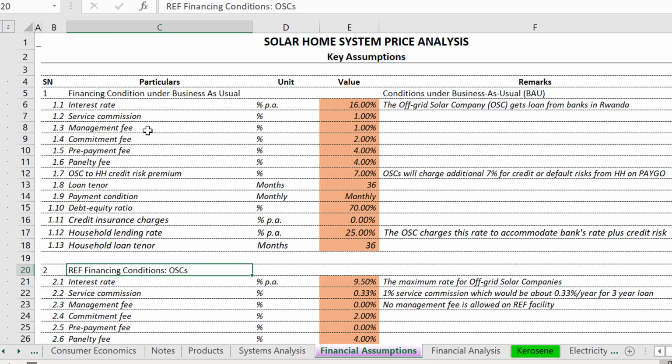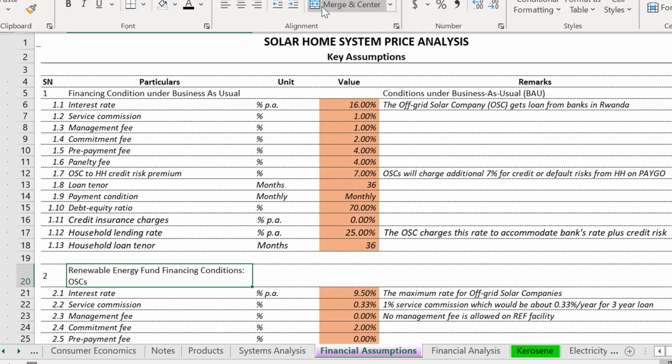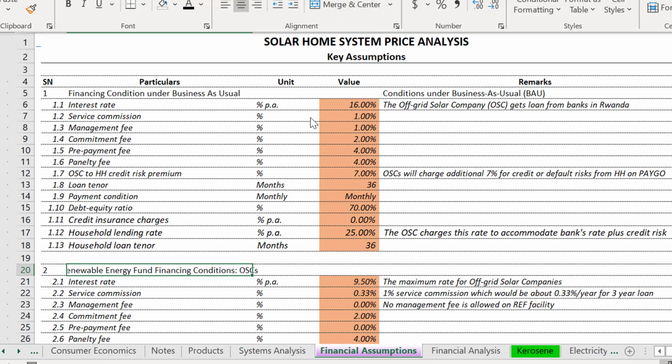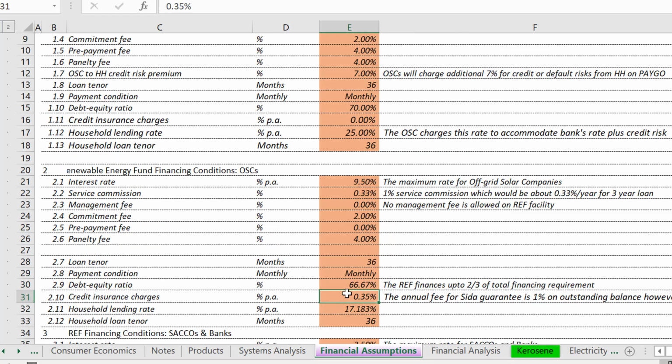And then there's something called the renewable energy fund. And this has some a lot of a lower interest rate, and in getting 17%.